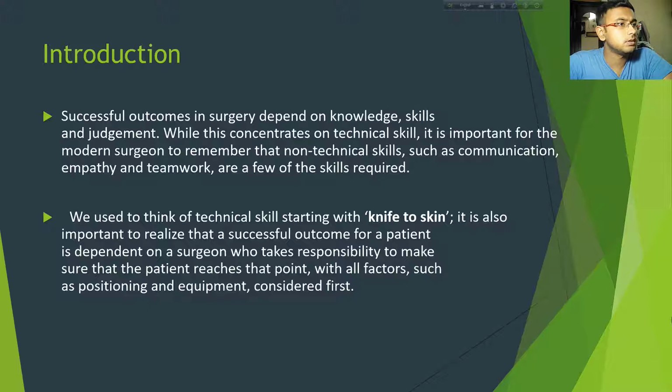It is also important to realize that a successful outcome for a patient depends on a surgeon who takes responsibility to make sure that the patient reaches that point with all the factors, such as positioning and equipment, considered first. That means a surgeon must take responsibility for a patient who came for surgery, because there are many steps that can be hazardous or disastrous.